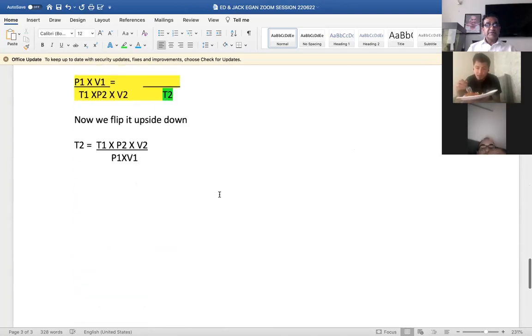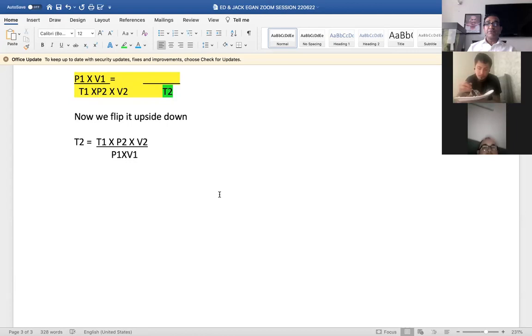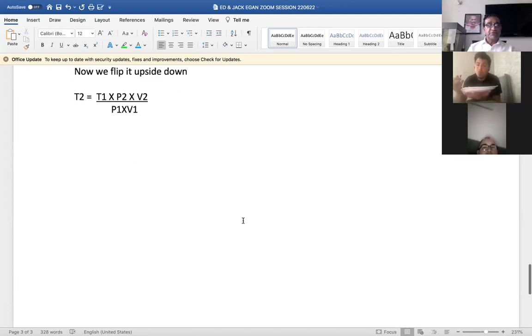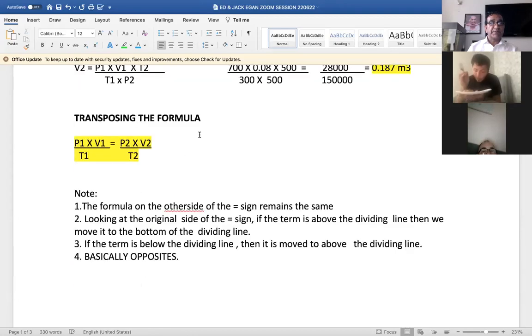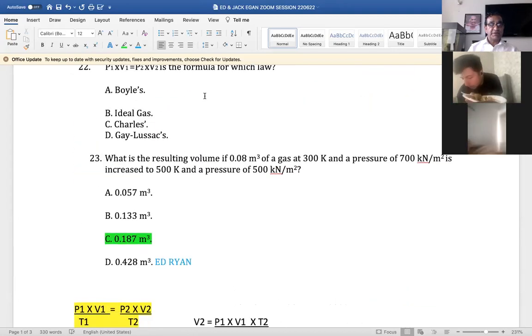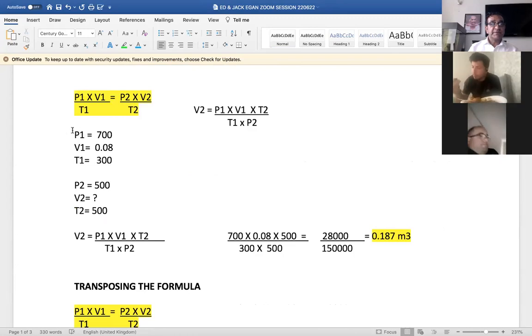Okay. So just to prove the formula, proof. Saying T2 equals. Now what I'm going to do is go back and pick up all these terms.